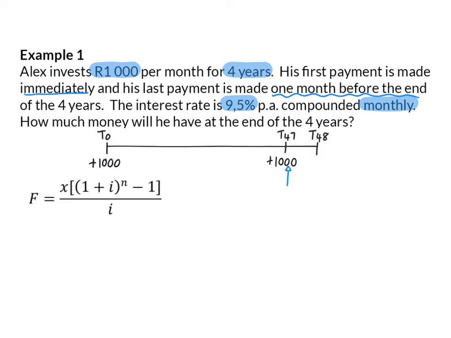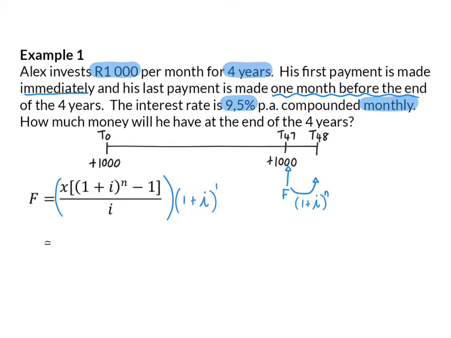This whole amount then still receives interest for the last month until the end of the 48 months. And because this whole formula will give us the value of the account after 47 months, we can say that this whole value will now still receive 1 month's worth of interest up to month 48.